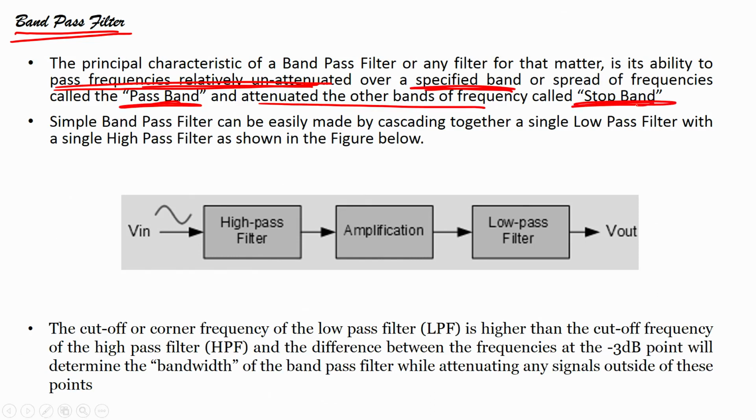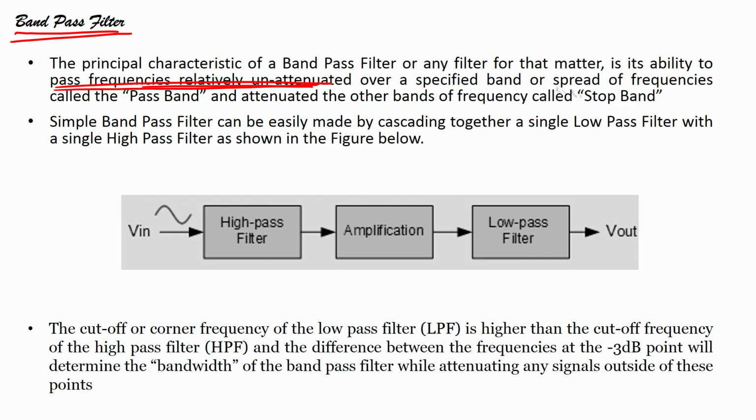We have seen that when you design a filter, a certain band of frequencies is allowed to pass, which are called pass band frequencies, and certain frequencies that we do not want are attenuated, called the stop band frequencies. Very simple, right?